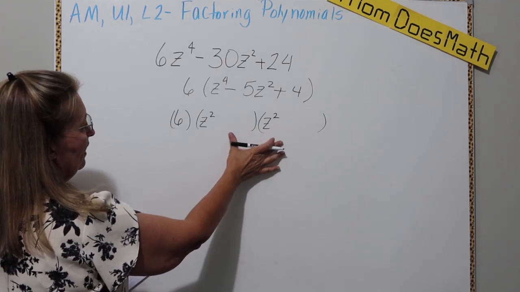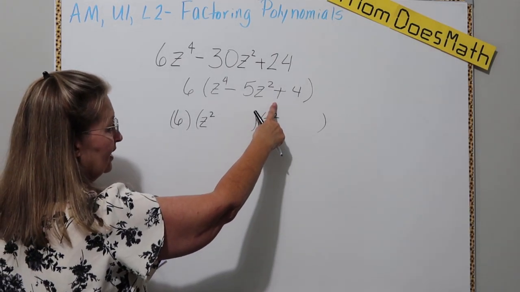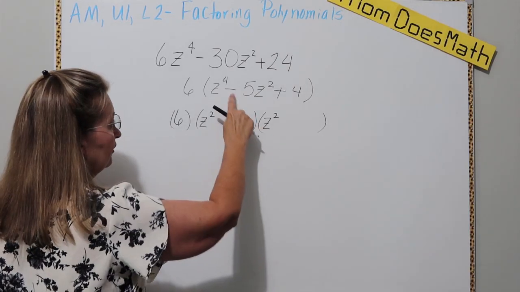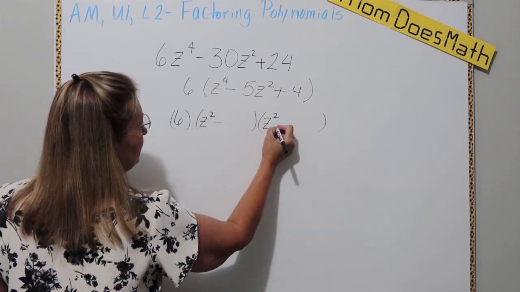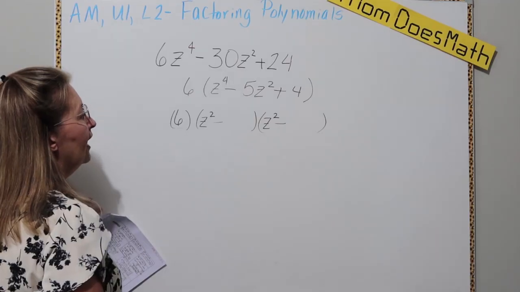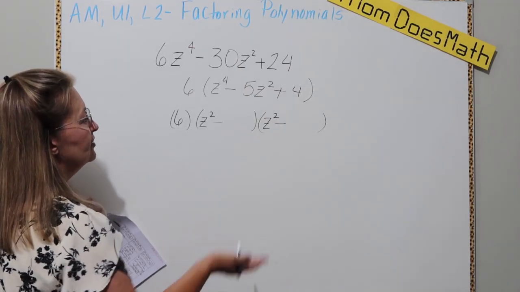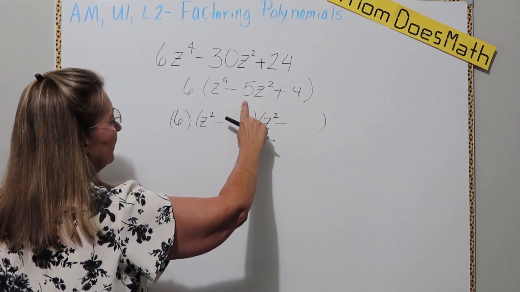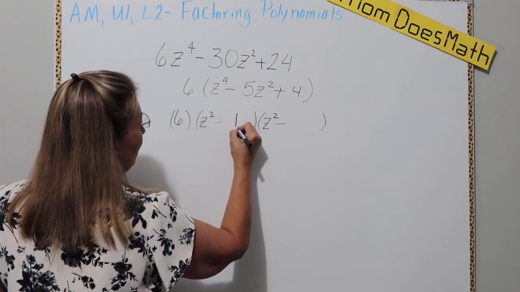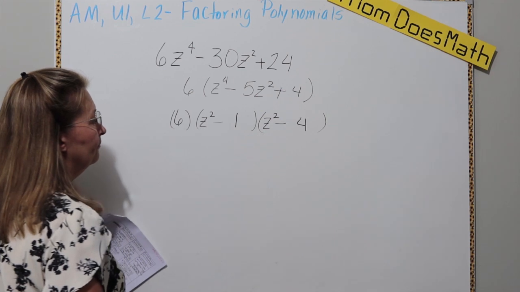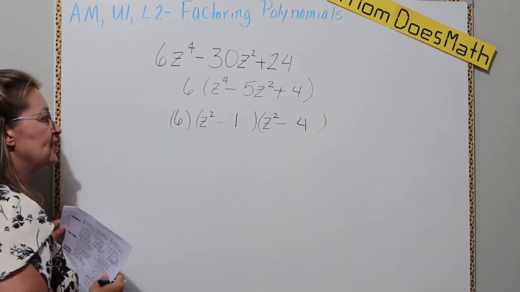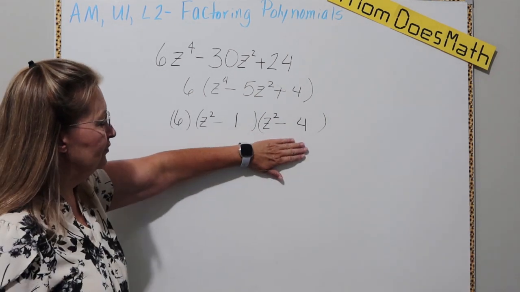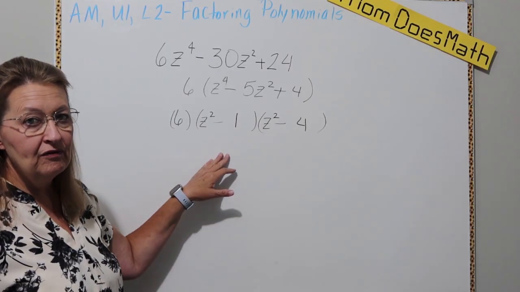Now, what about your signs? If your second sign's a plus sign, your signs are going to be the same, and they're going to be whatever this is. So we're going to have minus and minus. Now, I need a pair of numbers that will multiply to give me 4, but add up to give me 5. So how about 1 and 4? Now look at my factors, and once again, I have a difference of 2 squares in both of these.